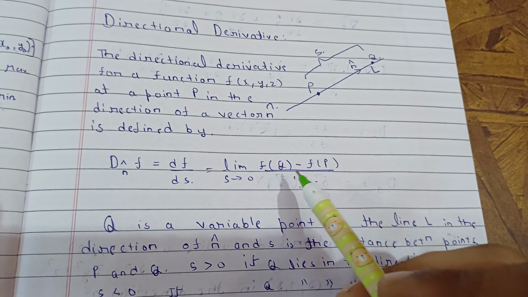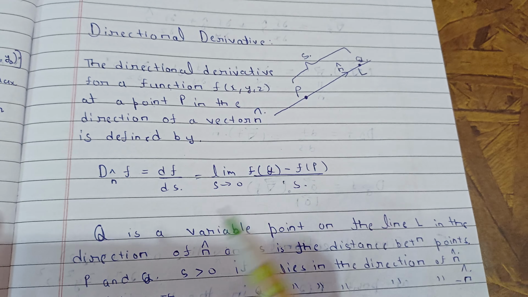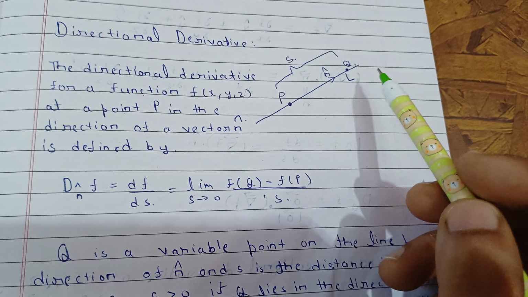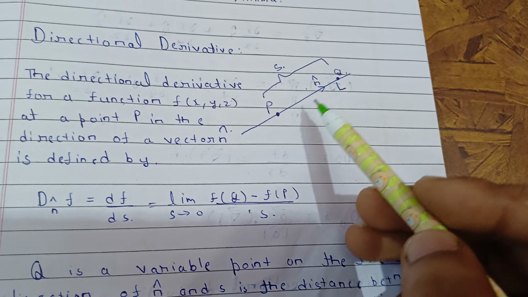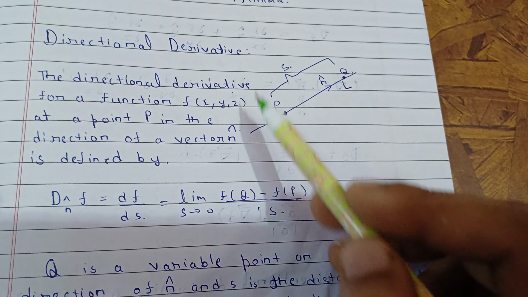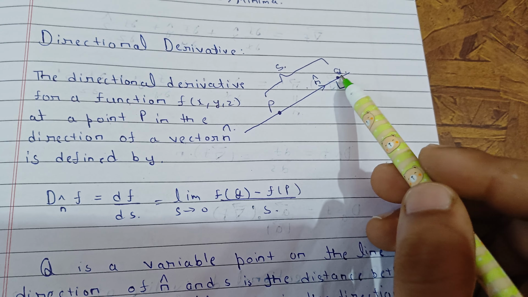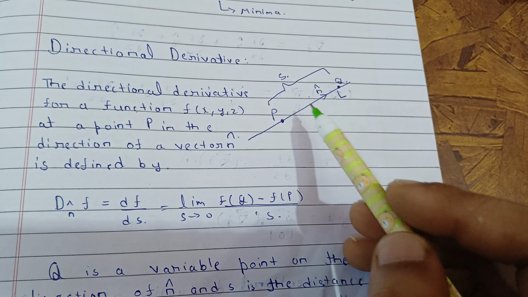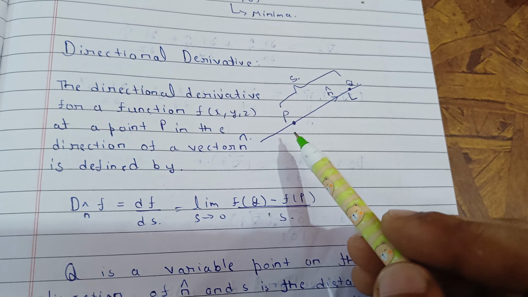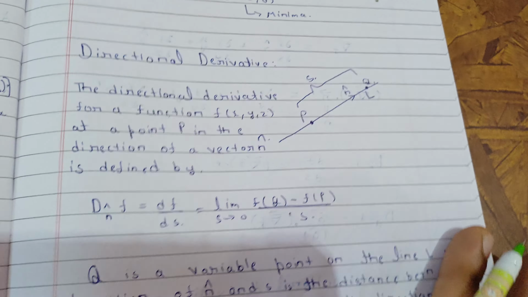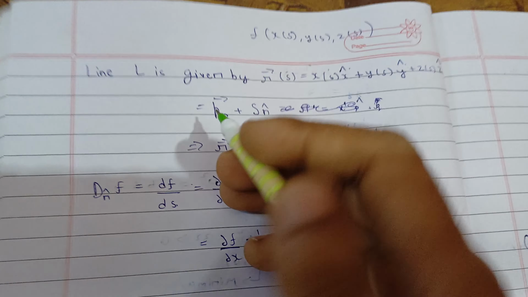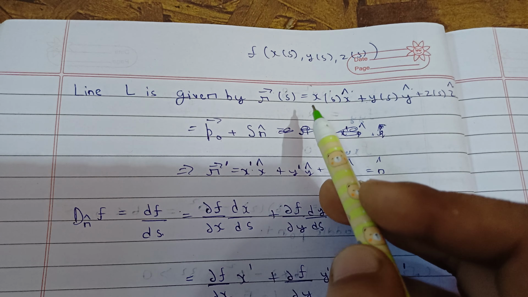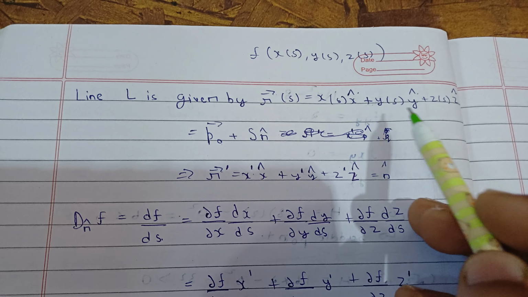We know the definition, but we don't yet have a single formula in terms of gradient, which we will find. If you have any line, how can you find the equation of the line? The whole line, or the coordinates of any point on it, depends on the x, y, z coordinates, and x, y, z depend on s. So line L is given by r(s) in terms of x cap, y cap, z cap.